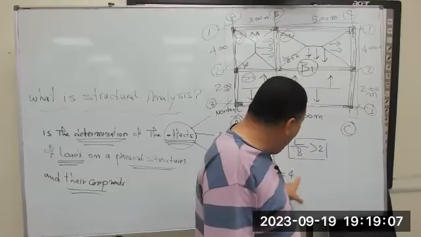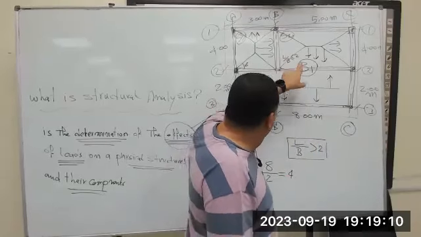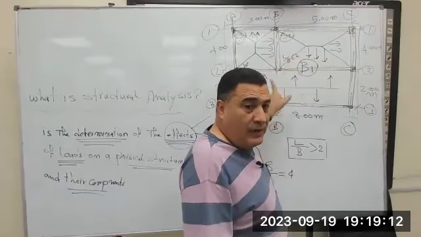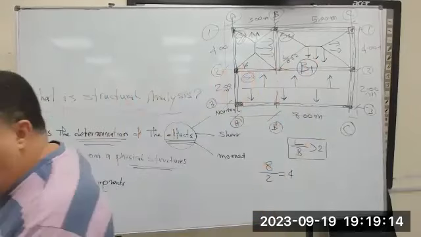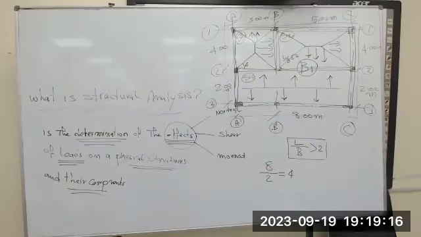One-way slab, two-way slab. One-way slab, L over B more than 2. Once you put it in, even he gave a number. Simple like that. Number 3.